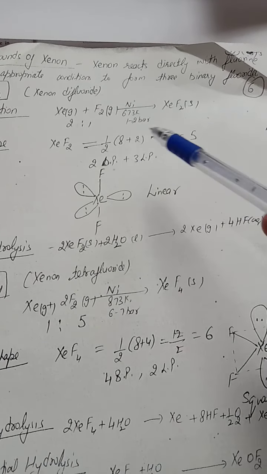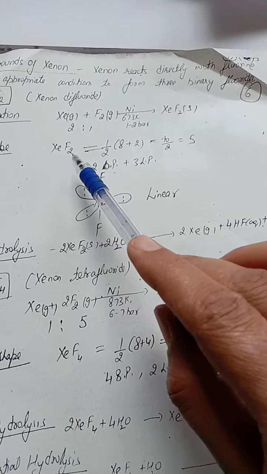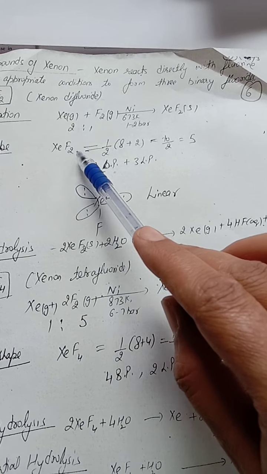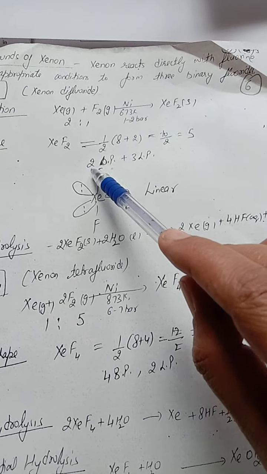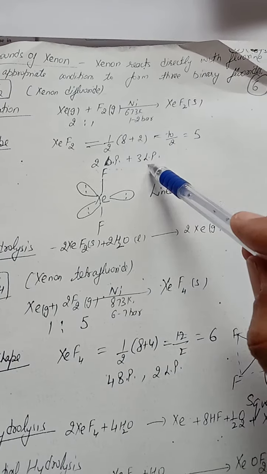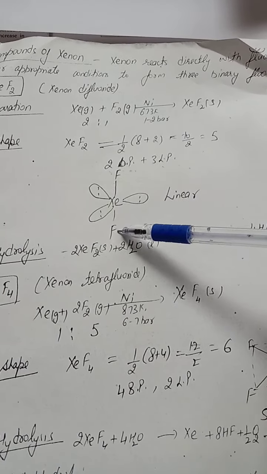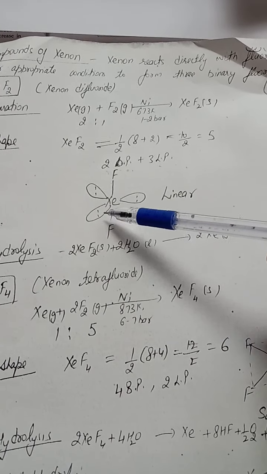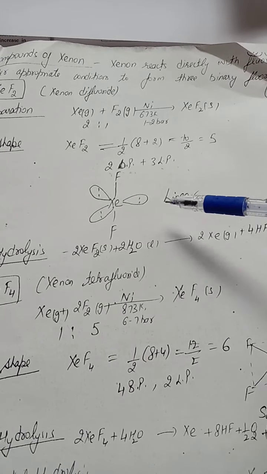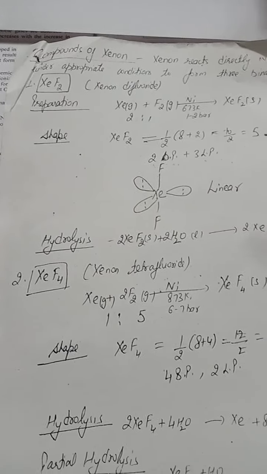Out of this 5, how many bond pairs will it form? Only 2, because 2 fluorine atoms are there, so 2 bond pairs and 3 lone pairs. So this is its geometry, 3 lone pairs and 2 bond pairs, and its geometry is linear in shape.